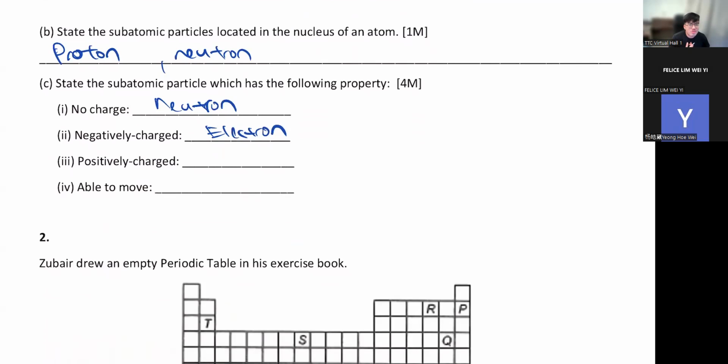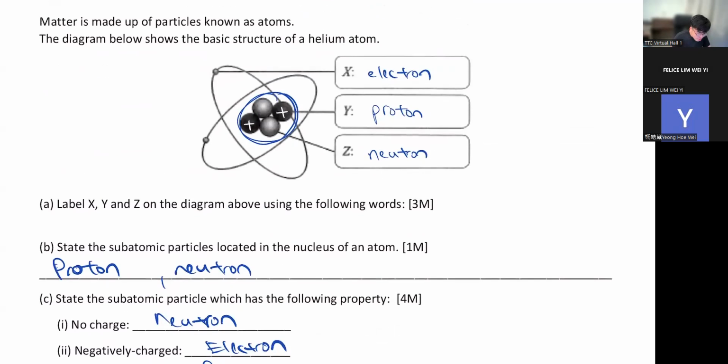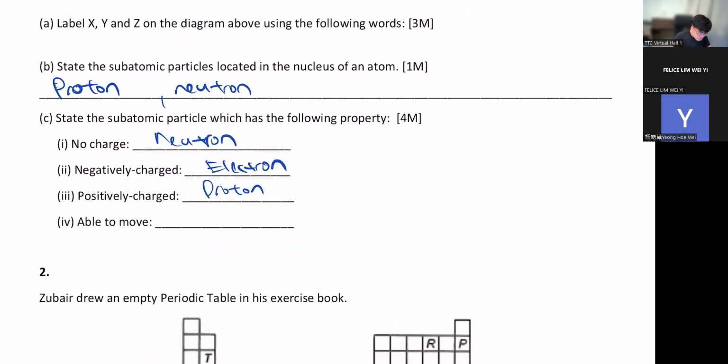So why do you die when you get struck by lightning? Because electrons flow into your body and you get shocked. Next, positive is your proton. Protons are able to move, but these two just float around. And this is your electron.